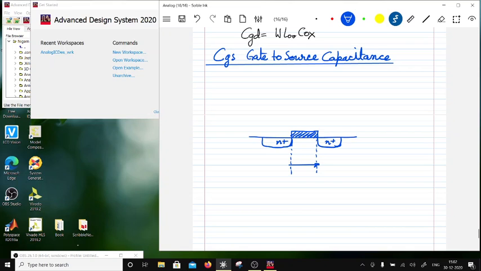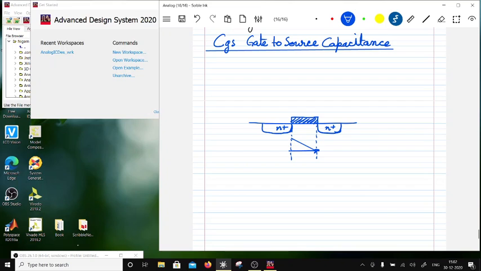If I take the voltage across the channel, it's going to be dropping till the pinch off is hit. At pinch off, the net voltage across the channel would be 0, and this length would be L, so it is 0 here. This distance is basically Y.